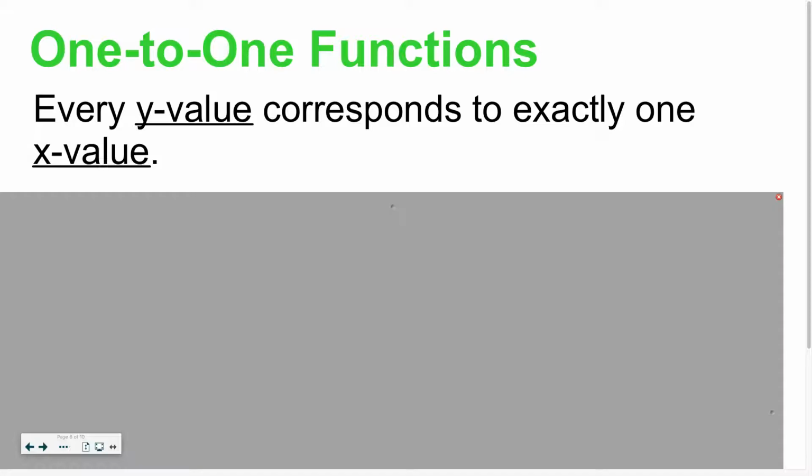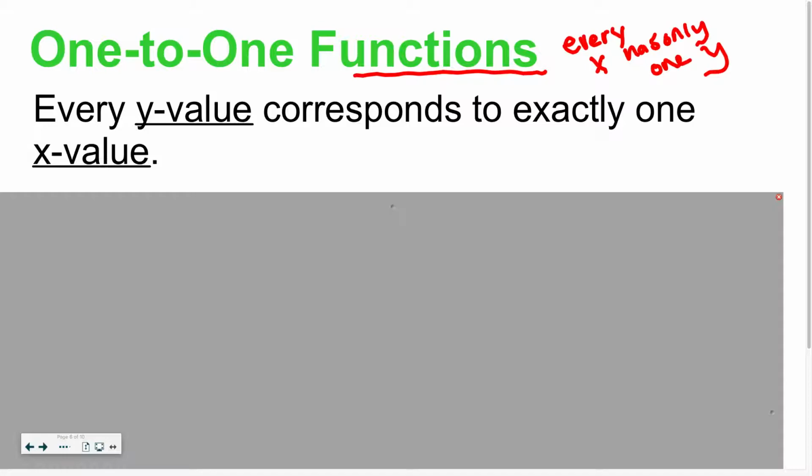Now, a one-to-one function is a special kind of function. So it's already a function. If it's already a function, remember that means every x has only one y. Every input has only one output. If it's a special kind of function that's called one-to-one, it also means every y has only one x, which is not always true for all functions.